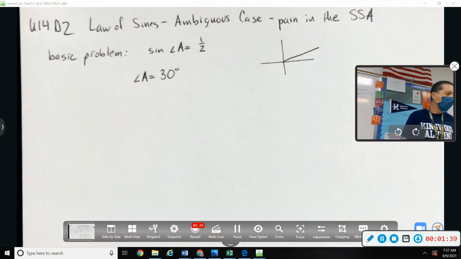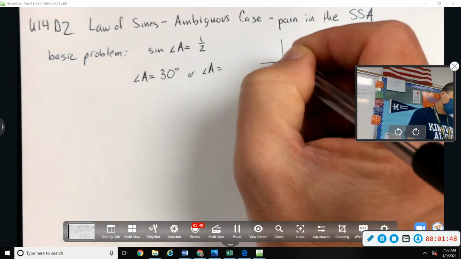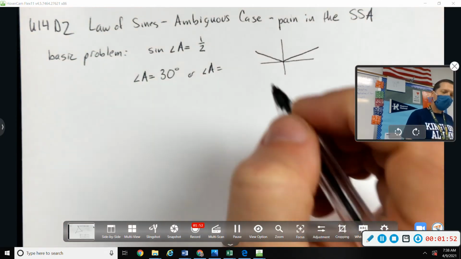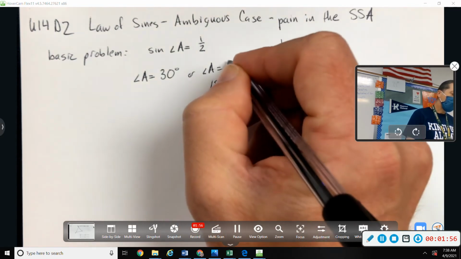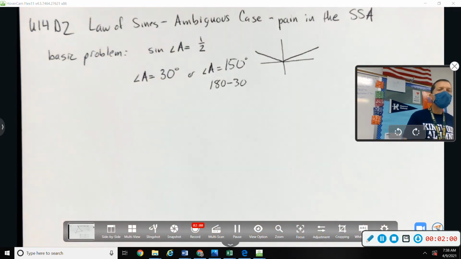But is there another angle whose sine is 1/2? 5 pi over 6. And in terms of degrees, that would be the 180 minus 30, or 150. So when we use the calculator to go backwards, when we use the calculator to find an angle, there's really two answers.